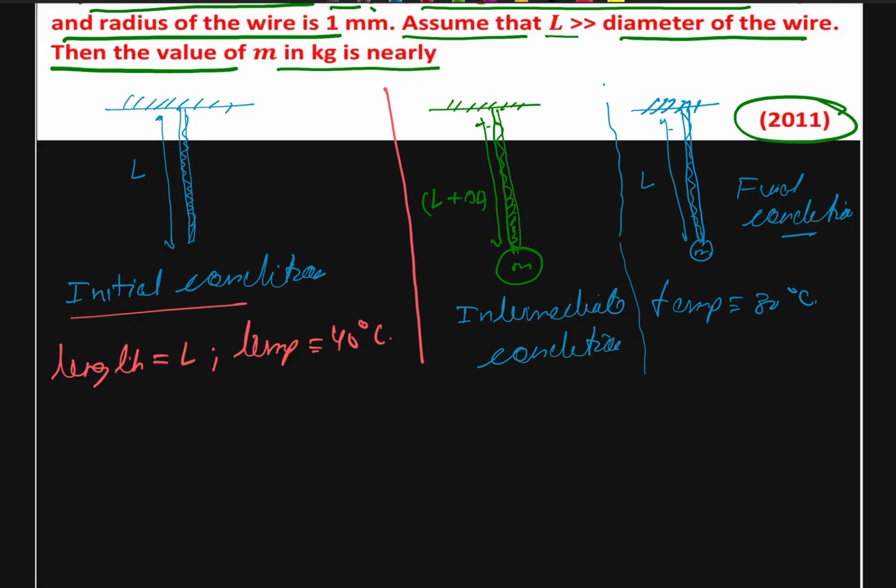Obviously, when the temperature is reduced from 40 degrees centigrade to 30 degrees centigrade, there will be thermal contraction in the wire. The change in temperature, delta T, is 10 degrees centigrade.